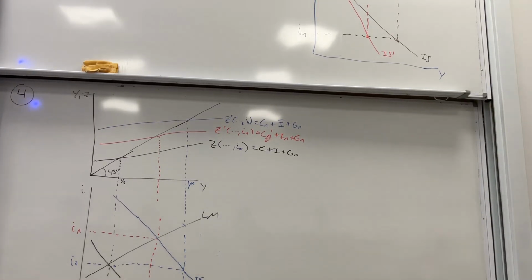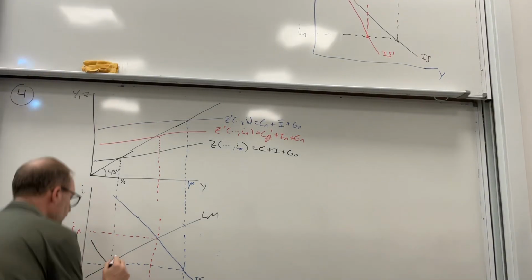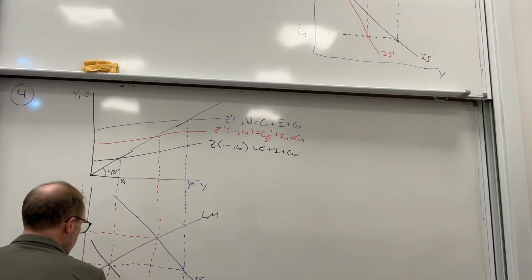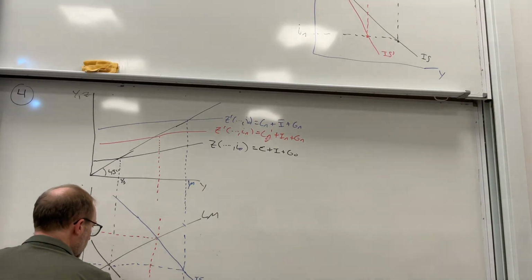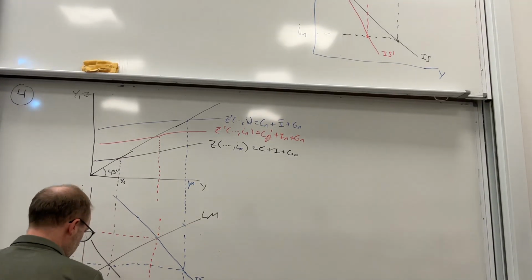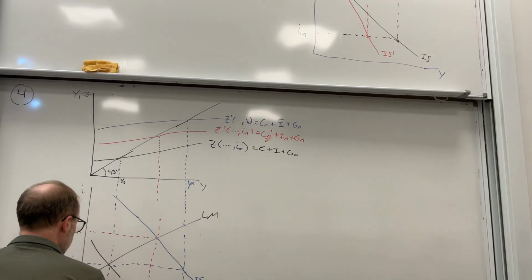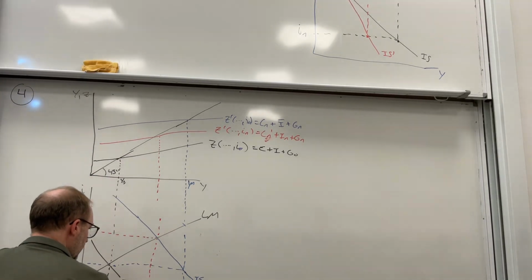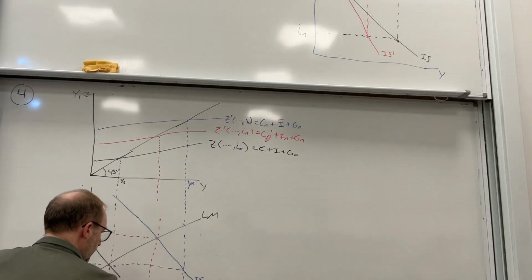So in terms of the question, we first have our original multiplier. Then with interest rate adjustment.